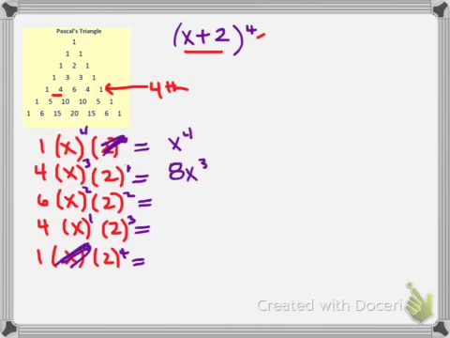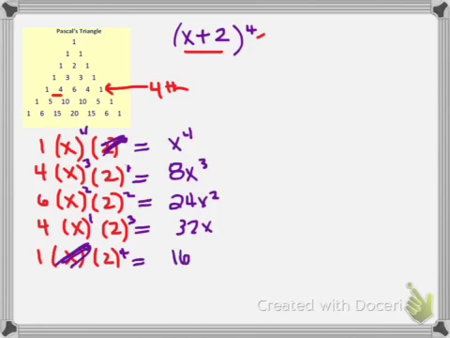The next row is 6 times 2 squared and x squared, which is 24x squared. The next row, 2 to the third power times 4, which is 32, and that's x to the first. And the last row is 1 times 2 to the fourth power, which is 16.